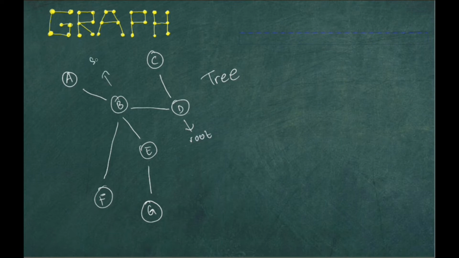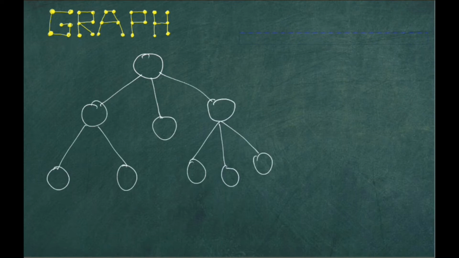This is the second level. You may not have thought of it this way, but in fact, a tree is a kind of graph. It just happens to be restricted in a particular manner.